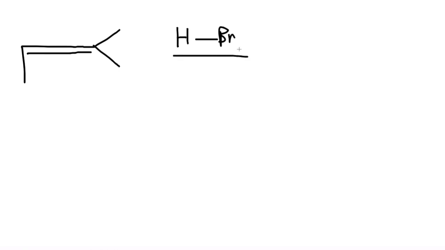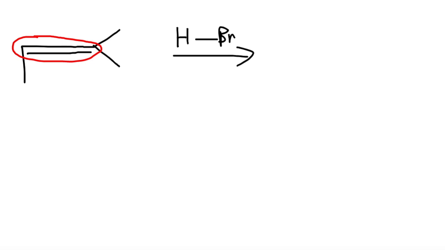For example, if I had this structure, and we were asked to draw the product for this, the first thing I see is that this has a double bond, right? Markovnikov is meant for alkenes, double bonds.